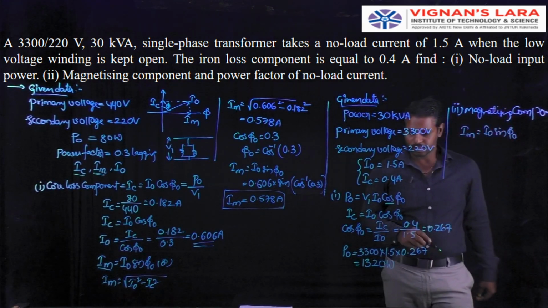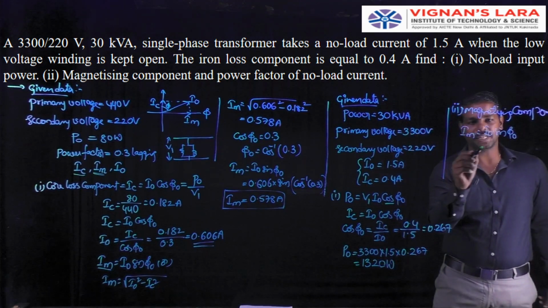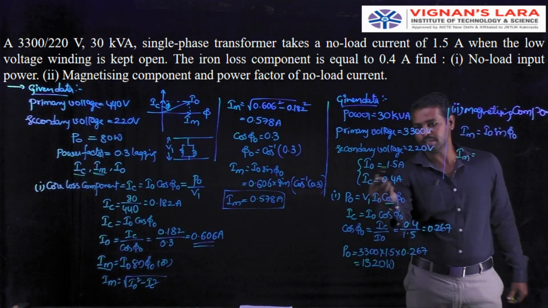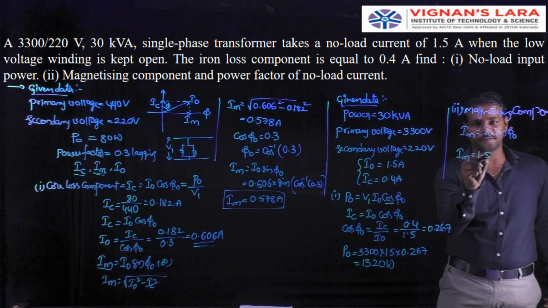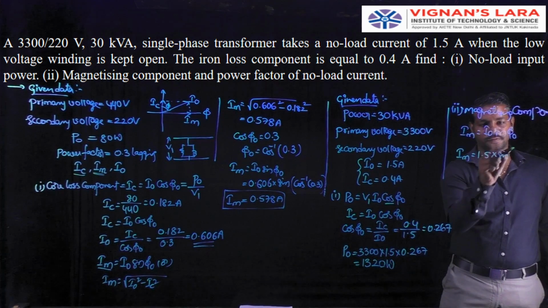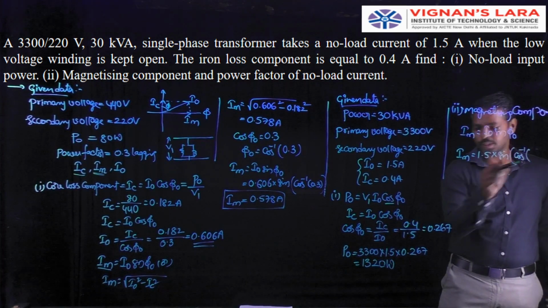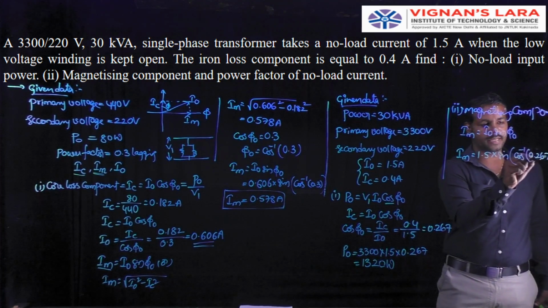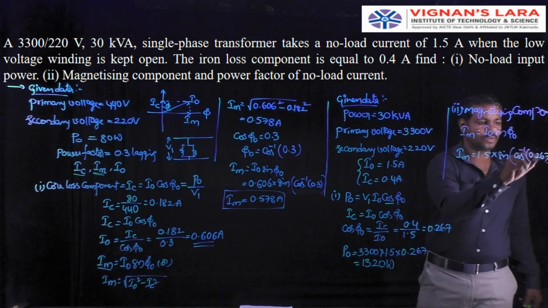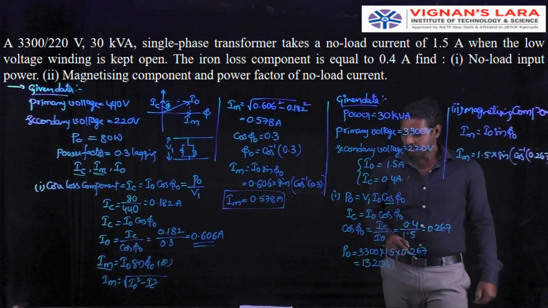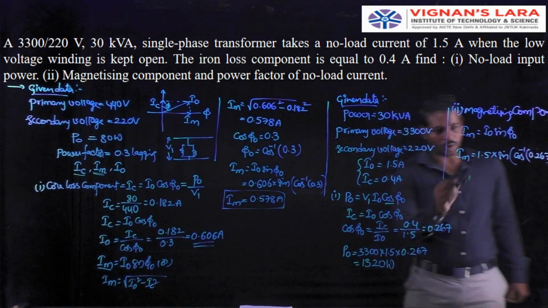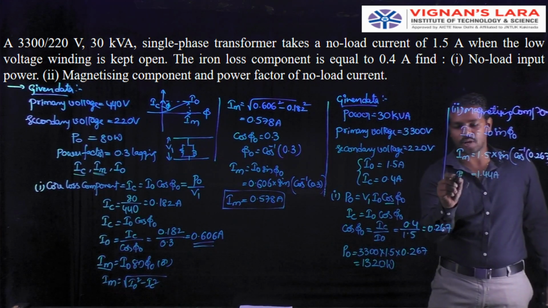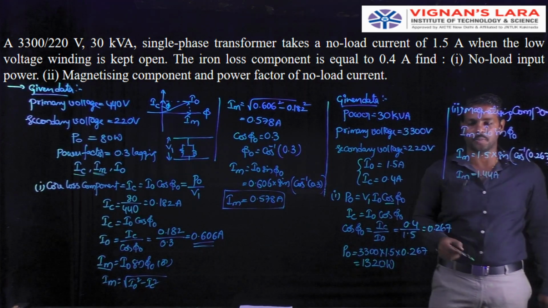So IM is equal to I naught, 1.5 amperes, into sine of cos inverse of 0.267. So then IM is equal to 1.44 amperes. So this is one method of calculating the magnetizing component.